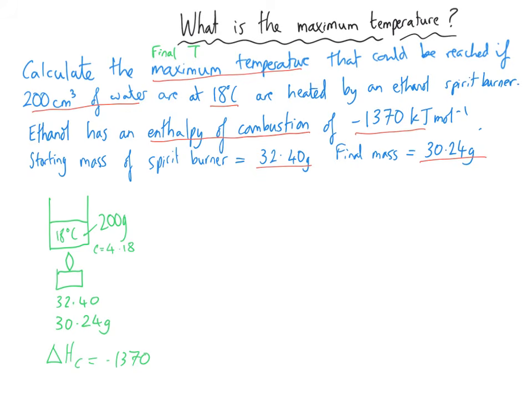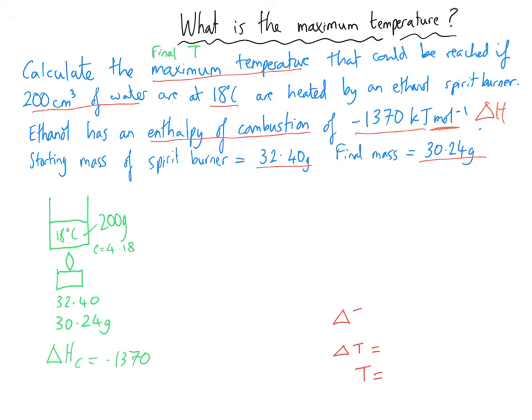So I've just reordered the information that we've been presented with in a diagram form that makes it a lot easier for me. Now, the most common error in this situation would be to refer to the enthalpy of combustion as Q, because it's got kilojoules in it, but this is kilojoules per mole, which tells us it is an enthalpy change. And so, since our final task is to work out a temperature, that tells us that the task just before that will be to work out what our temperature change, delta T, is.